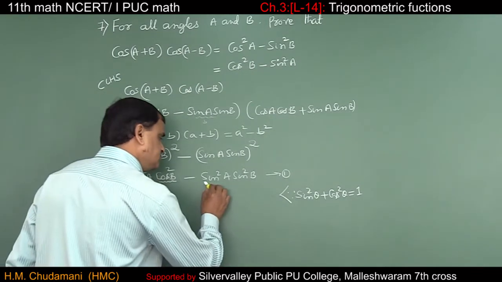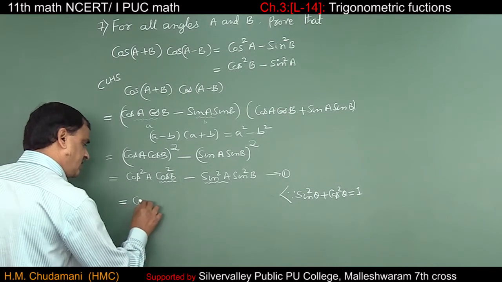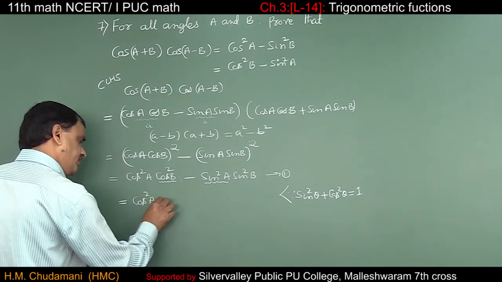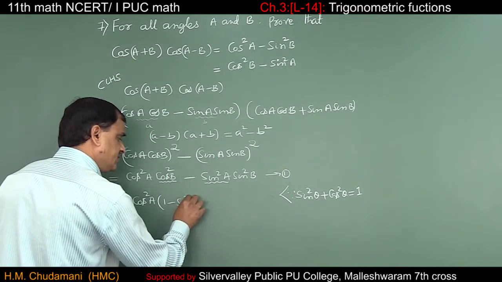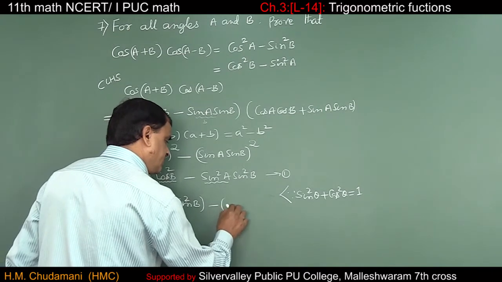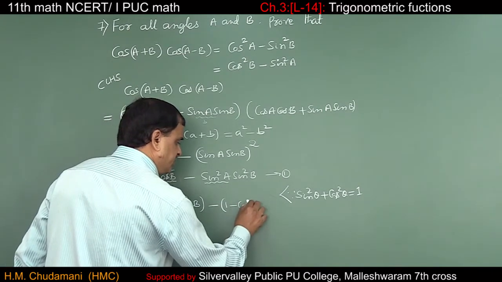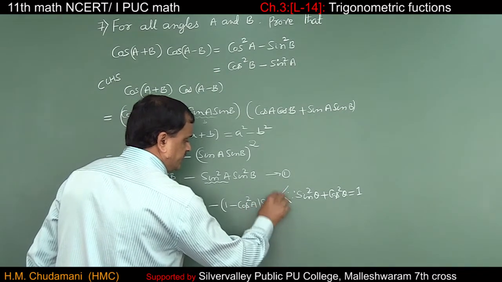And in the second term, sin square a, we need to eliminate. So this can be written as cos square a. Cos square b can be written as 1 minus sin square b, and sin square a can be written as 1 minus cos square a, into sin square b.